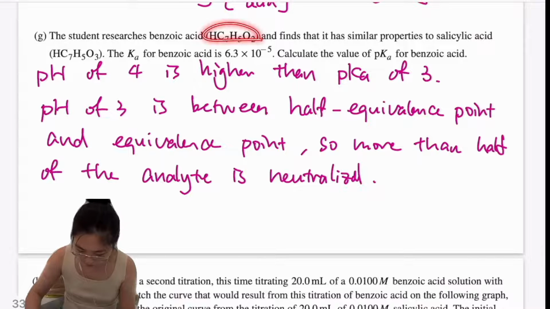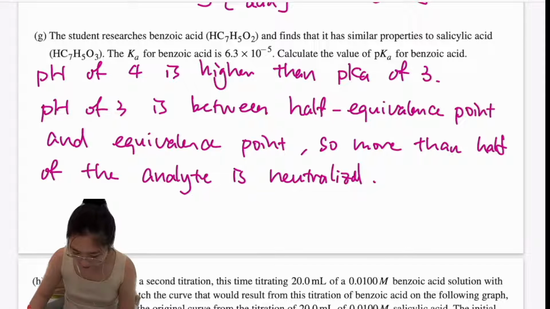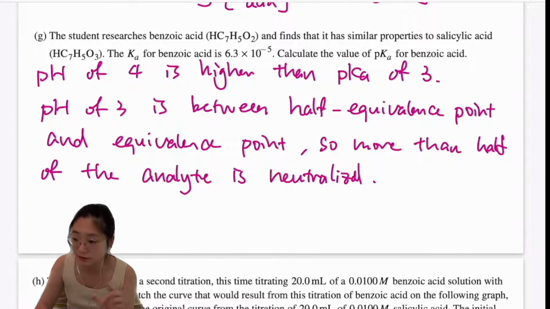Okay, so we're going to compare these two acids. The Ka for the benzoic acid is 6.3 times 10 to the power of negative 5. Calculate the pKa value. So p just refers to negative log. Remember, pH means the negative log of the concentration of the proton. pOH means the negative log of the concentration of the hydroxide.